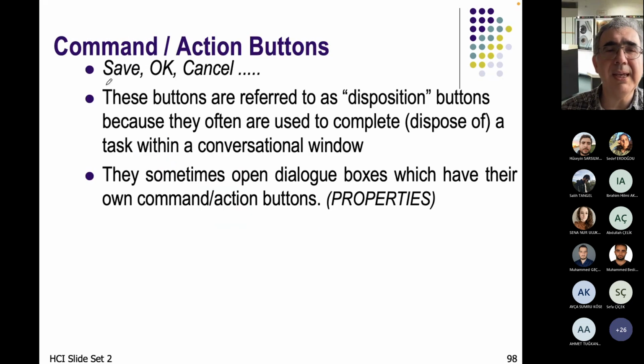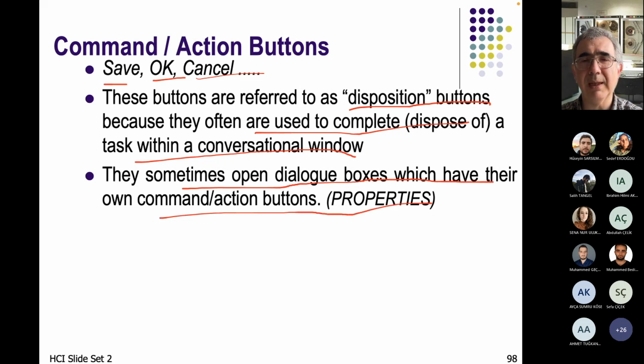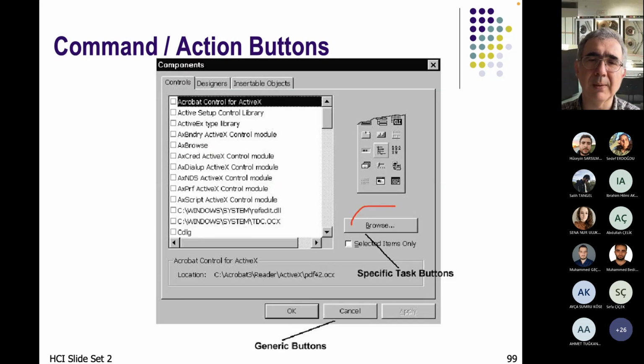So Save, OK, Cancel buttons are referred to as disposition buttons because they often are used to complete a task within a conversational window. They sometimes open dialog boxes with their own command and action buttons, like Properties. So when you click Properties, another window opens. For example, this one. Specific task buttons, command action buttons are here.